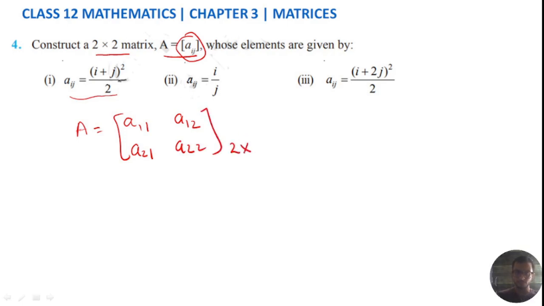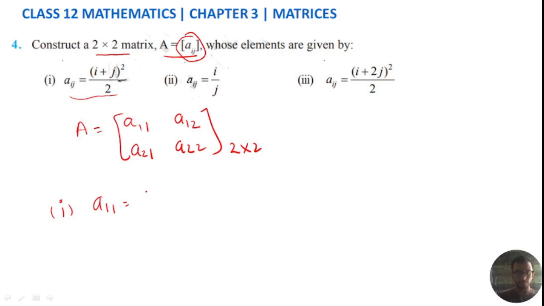This is a 2 cross 2 order matrix. So in this, the first condition given is that Aij is (i plus j) whole square by 2. So what will be A11? We need to find all these elements by this condition, so by that we will get the required general matrix A.